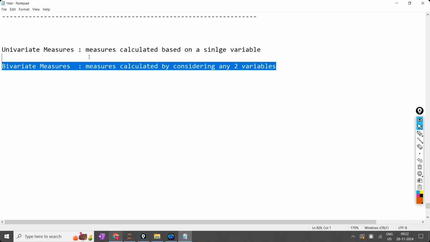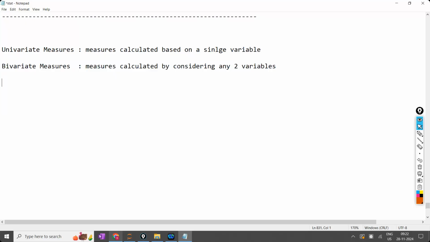Multivariate. What is multivariate? Multivariate measures are nothing but measures calculated by considering more than two variables, greater than two variables at a time.